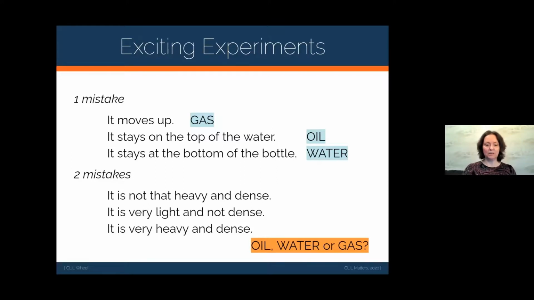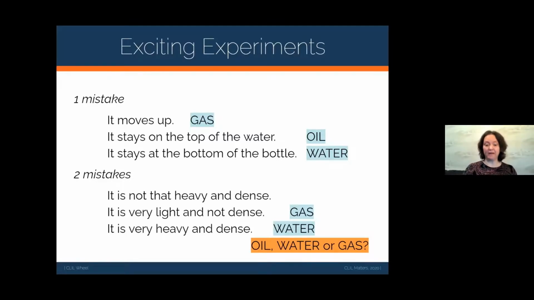So I'm going to start with, it is very light and not dense. It's gas, it's very light, so it moves up. And I'm also giving this notion that it is not dense. Then the second one is water.